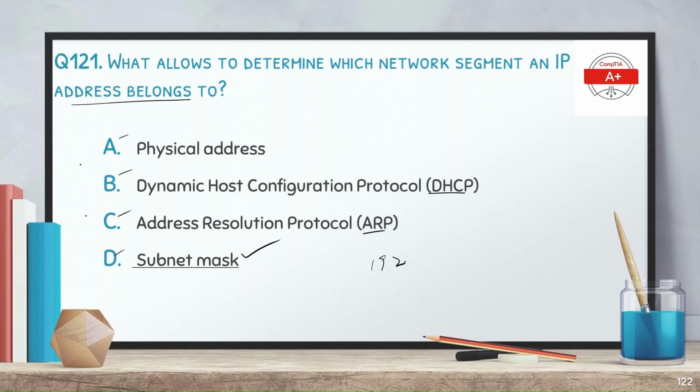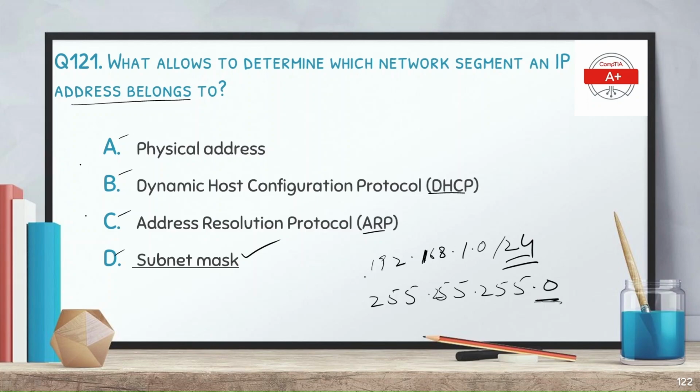Let's suppose, for example, we have an IP address 192.168.1.0/24. So this is basically the subnet mask, or we can also write it like this: 255.255.255.0. So this basically determines the IP address location inside a network segment.